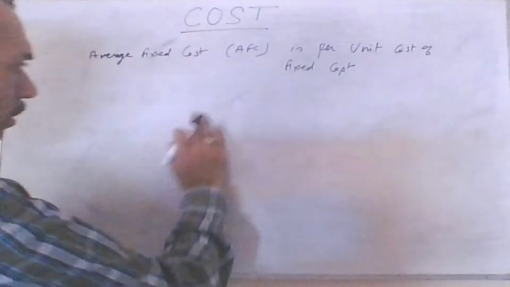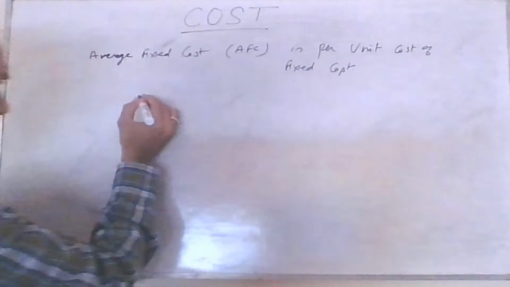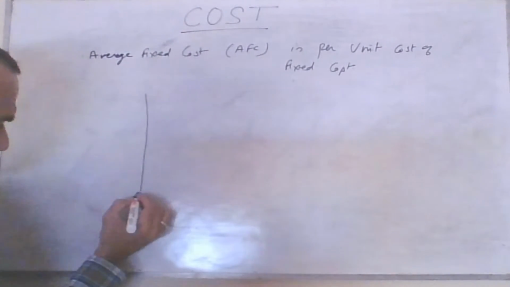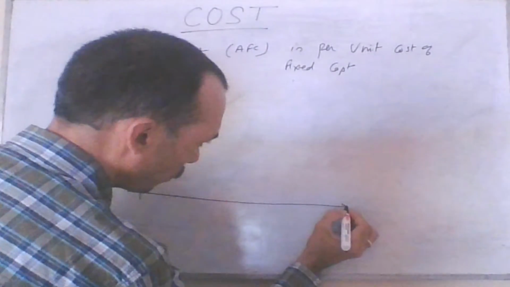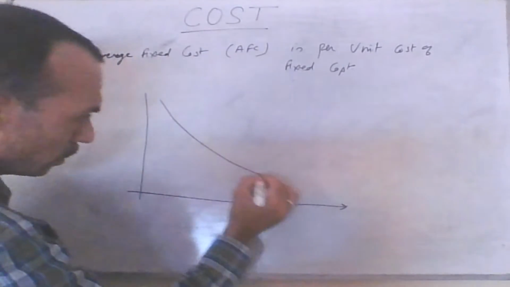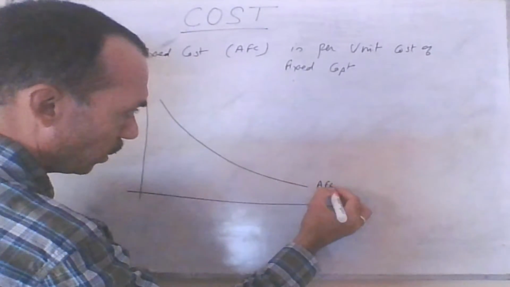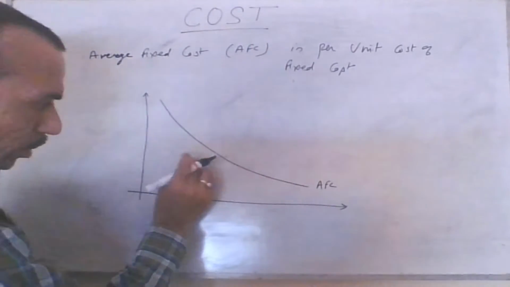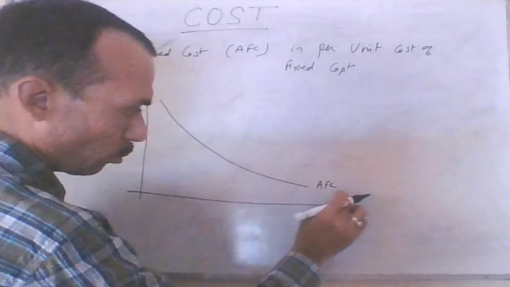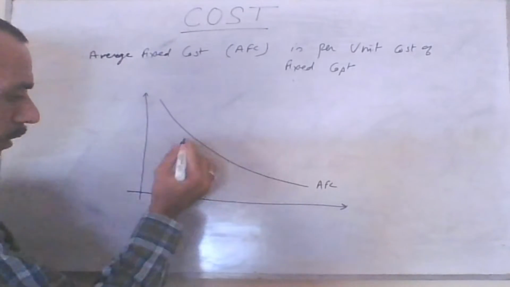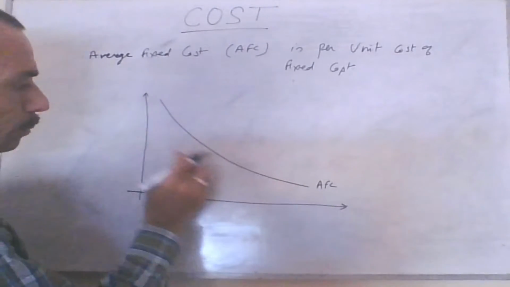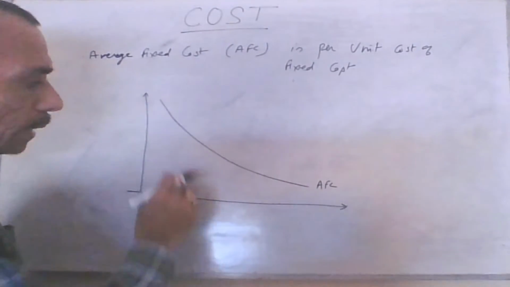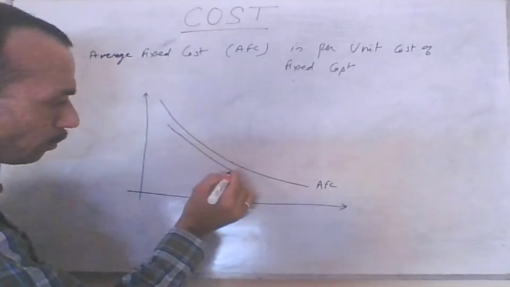It is a downward slope from left to right. AFC initially falls sharply, then starts to slow down and becomes slower. So AFC is a downward sloping rectangular hyperbola from left to right.